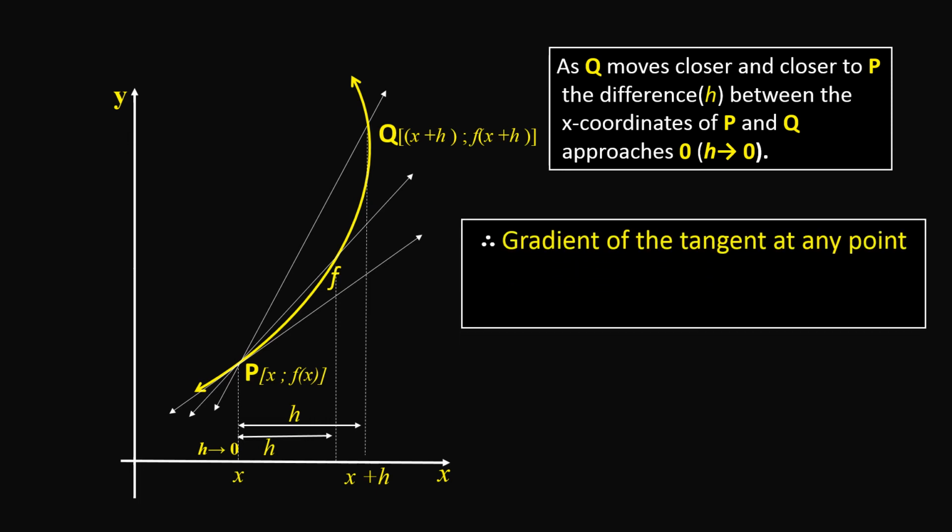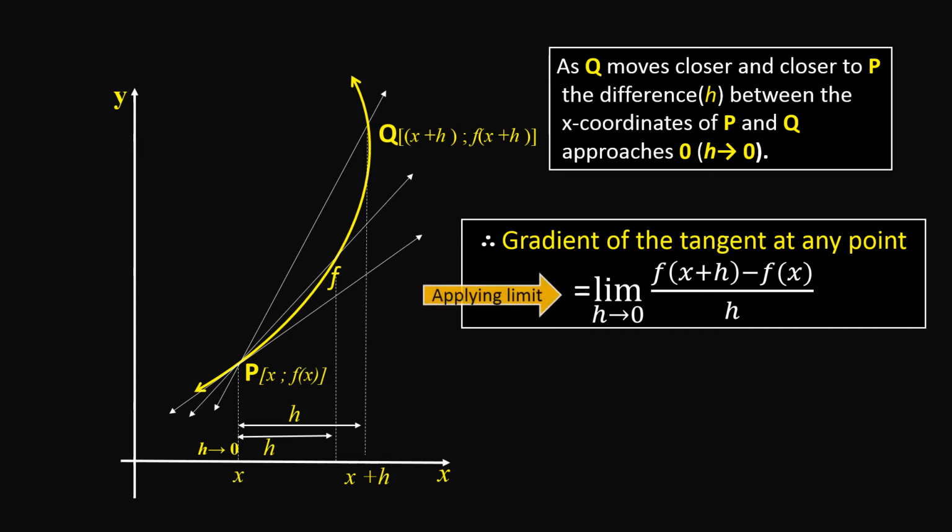Now the gradient of the tangent at the point P. We know the concept of limit, h approaches 0. So here is our use of calculus, use of limit, applying limit. So we get the gradient of the tangent at 1 point.